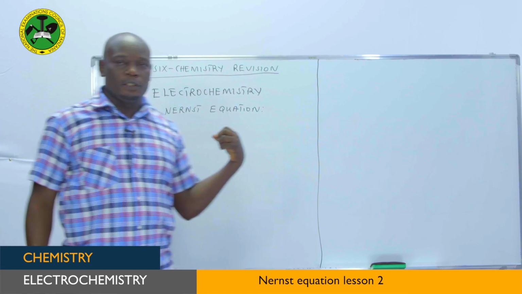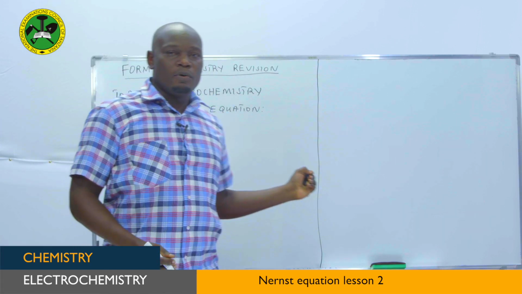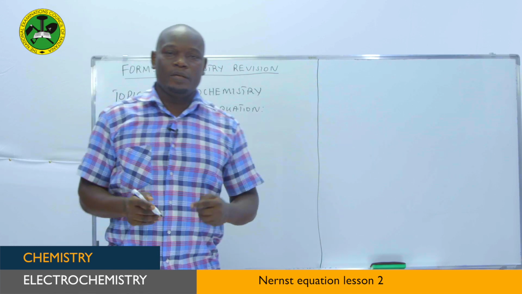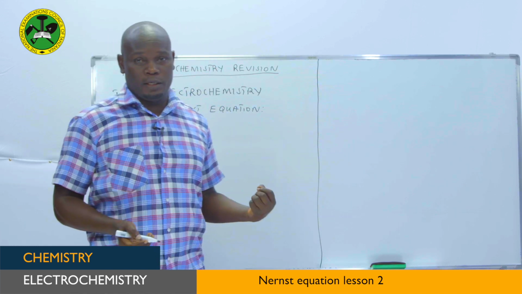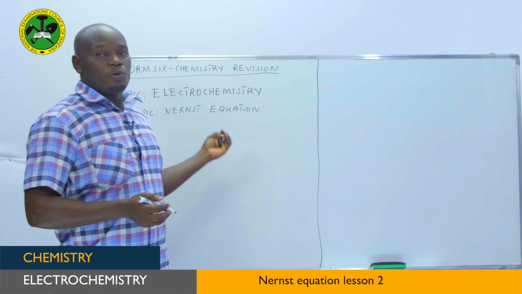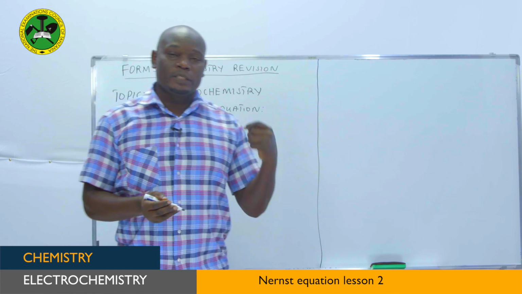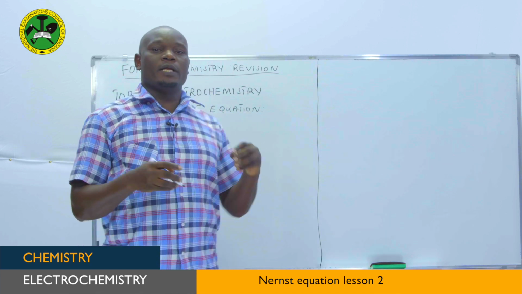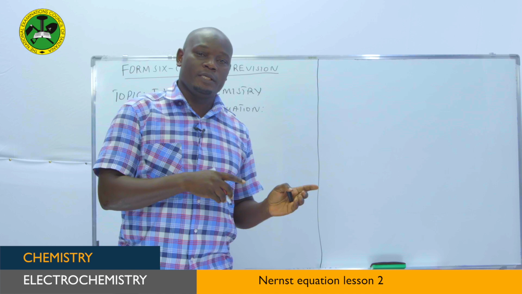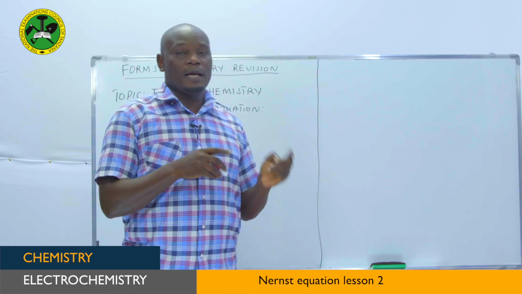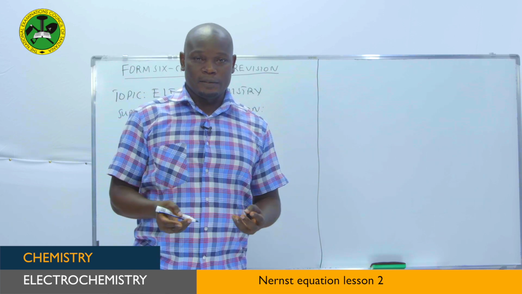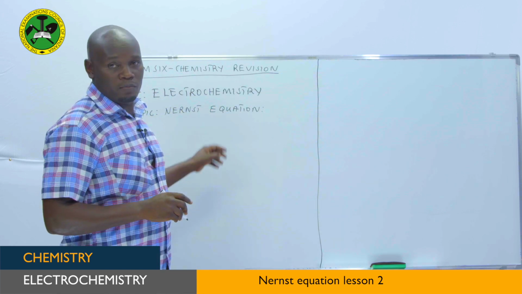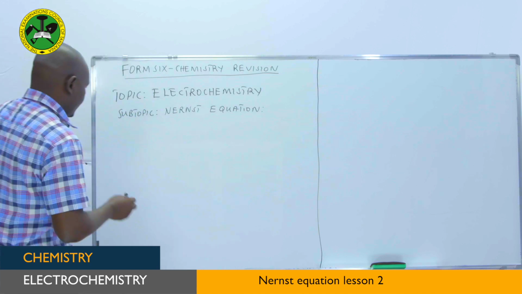By the end of this lesson, you will be able to use the standard electrode potential in determination of the pH of a solution. You will also be able to use the standard electrode potential to predict if a chemical reaction can take place or cannot take place, that is, the feasibility or unfeasibility of the reaction.